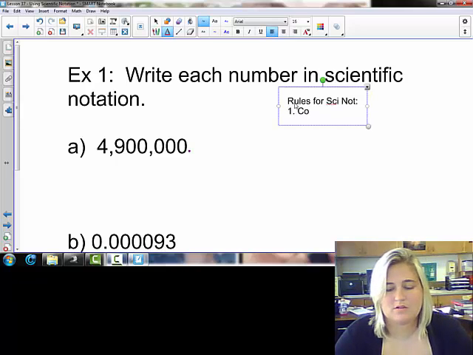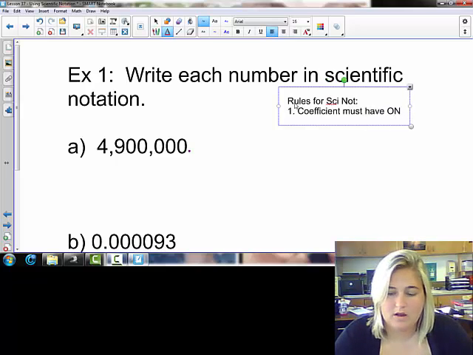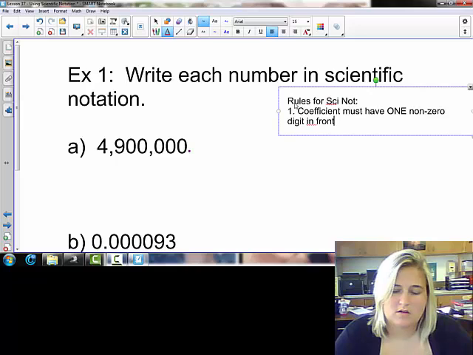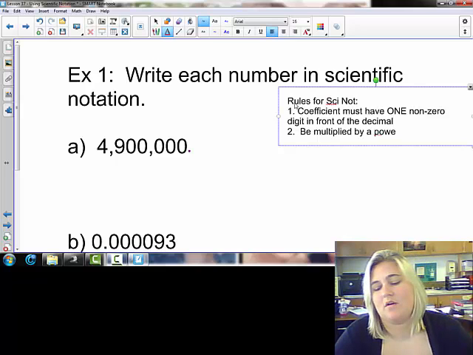The coefficient part must have 1 non-zero digit in front of the decimal, and it must be multiplied by a power of 10.